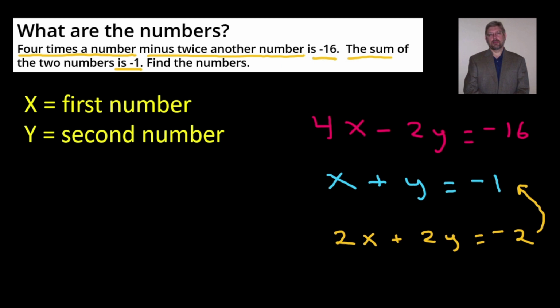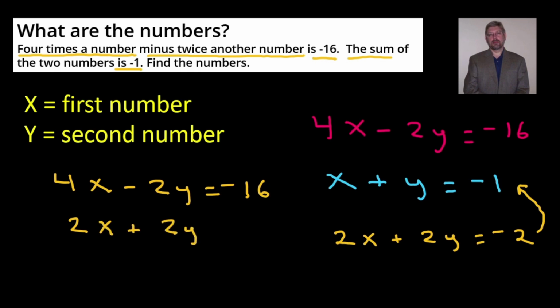So now let me go ahead and write the two equations. 4x minus 2y is equal to negative 16. So I have 2x plus 2y is equal to negative 2.